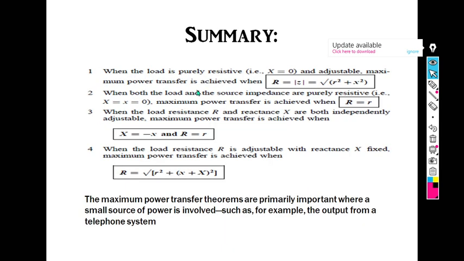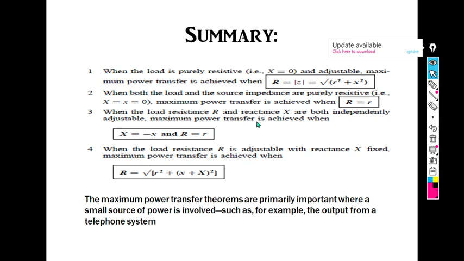So we can summarize. When the load is purely resistive, then X is equal to 0, and with adjustable resistance, maximum power transfer is achievable when load resistance is equal to mod Z, that is the source impedance. When both load and source impedance are purely resistive, then R is equal to r, that means load resistance is equal to source resistance.